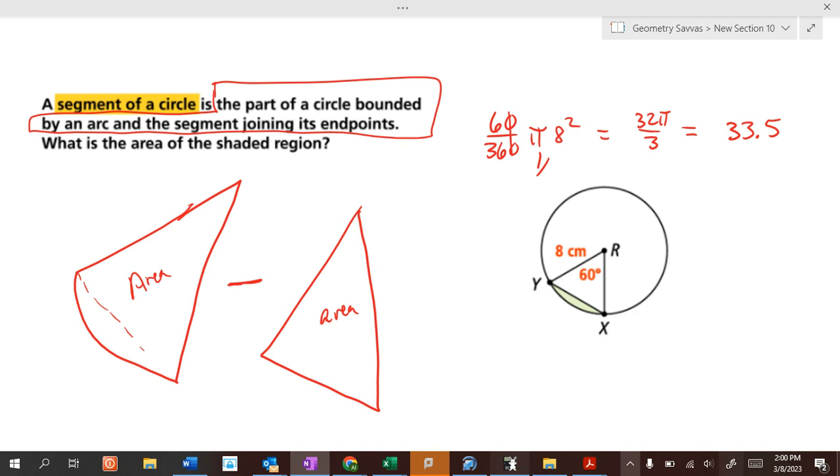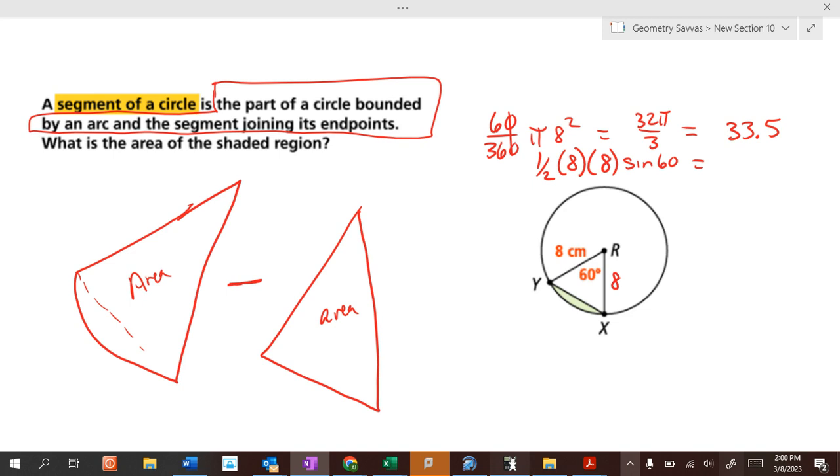Area of a triangle is 1/2 the base times the height, but we don't know base and height, so we go 1/2 of one side of an angle times the other side of an angle, because these are both 8, times the sine of the angle in between. So 1/2 of 8 times the sine of 60.